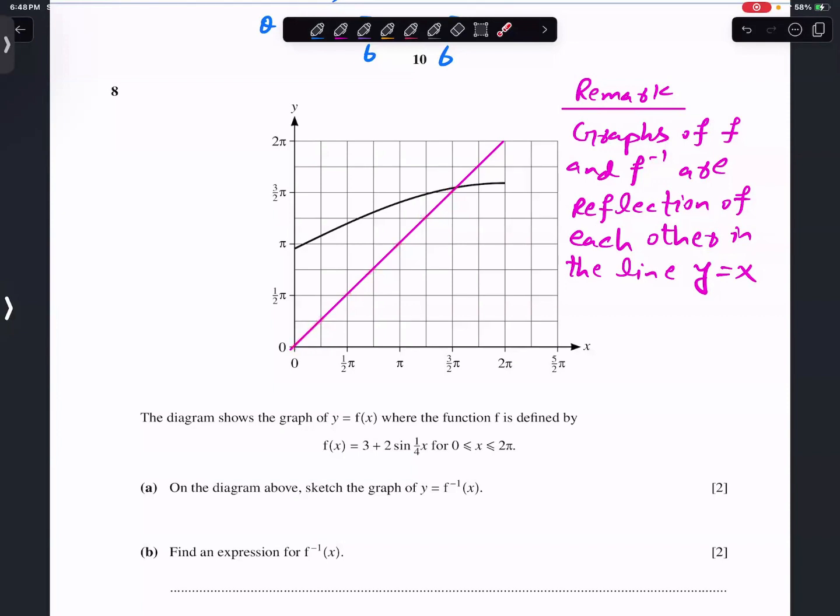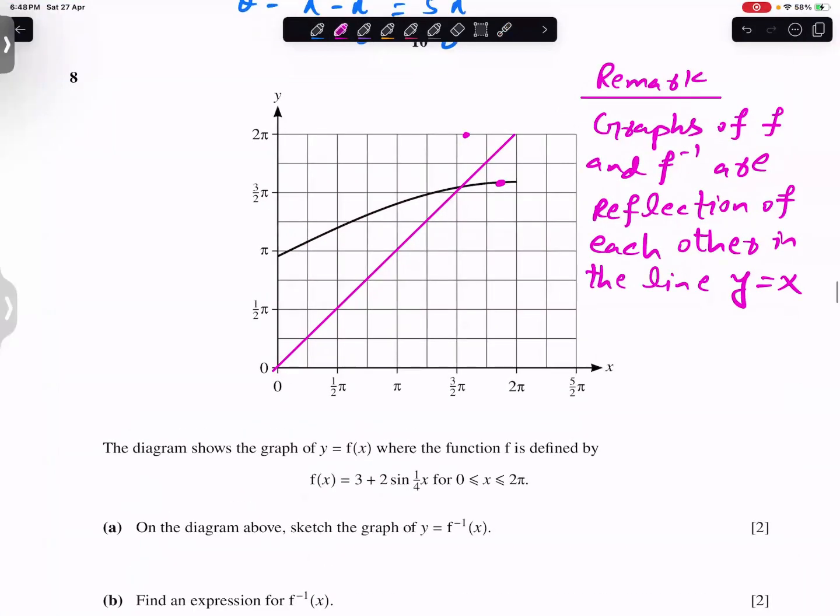Now you have to reflect this graph in this line. So it means if this is the edge, then at an equal distance on the other side of the line, you will draw a point here. So let's say this is the point. Again, let's choose another point and mark a point at the same distance from the line on the other side. So this will be somewhere here.